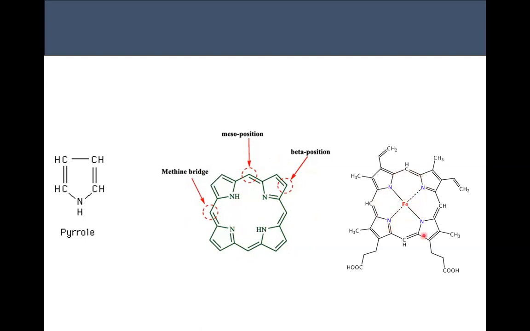So again, this is my porphyrin on the outside, and in the middle of my porphyrin, I can have a positive ion, in this case, ferrous. If the Fe2+ ion is present, we call this entire structure hemoglobin. So hemoglobin is a porphyrin that has Fe2+ in the middle.